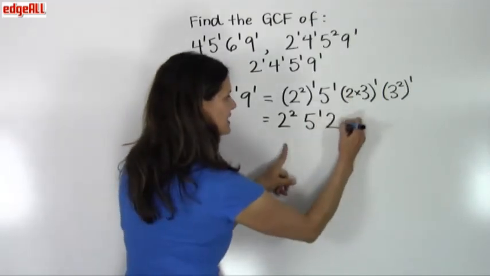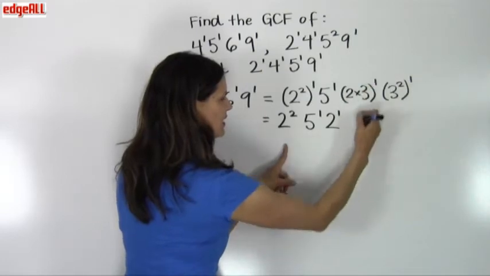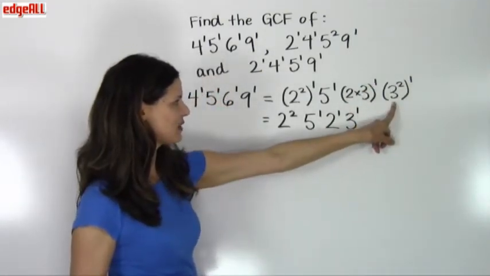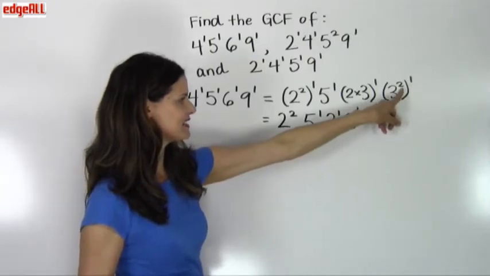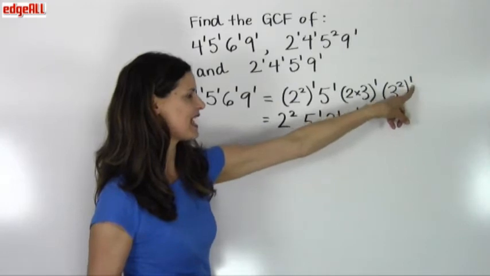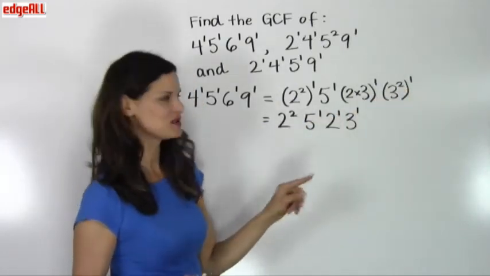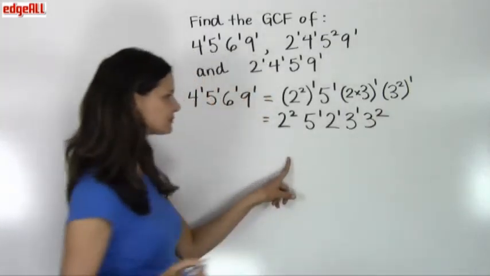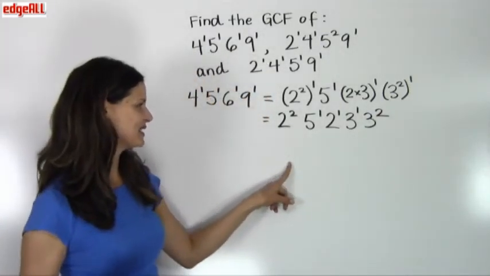So I can rewrite this as 2 to the 1 power, 3 to the 1 power. And then in this last case again, we have a number raised to the second power and then raised to the first power, and we multiply the 2 times 1 together, which equals 2, and write this as 3 squared, or 3 to the power 2.